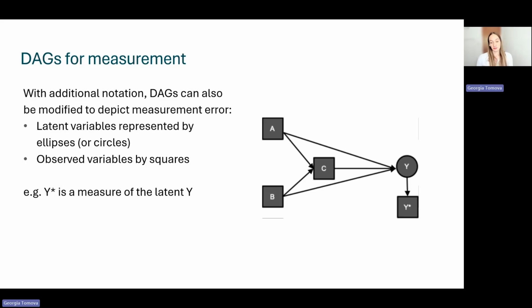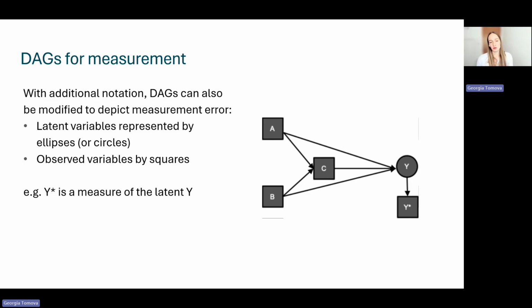And we depict the observed version of the variable using squares. For example, in this figure here, we have a collection of variables that all cause the outcome y. And this outcome is a latent variable, which is unobserved. However, we have a measure of it, y star, which is depicted as a square. And we consider that y star is caused by y.